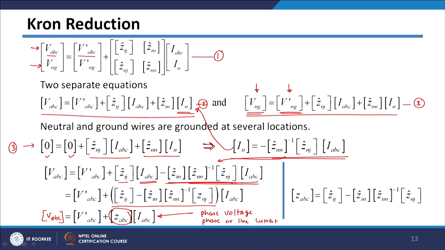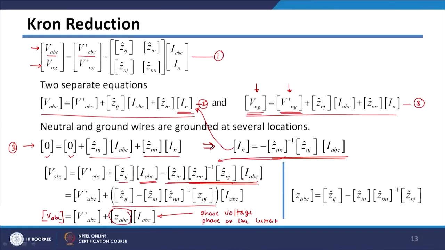So, nowhere are there terms related to neutral conductor voltages or neutral conductor currents. We have eliminated your neutral conductor using this expression here, where your ZABC is represented by this term. So, basically ZABC is given by this term by separating your primitive impedance matrix into 4 parts.